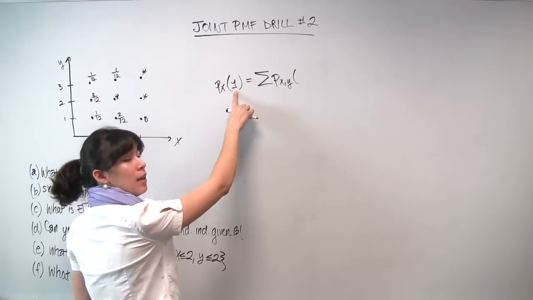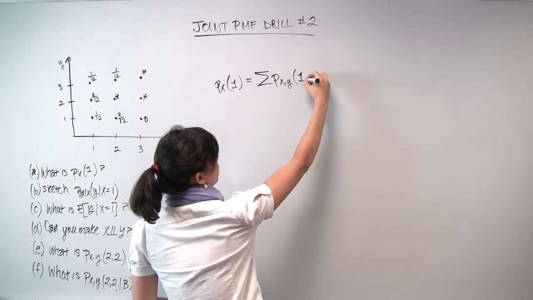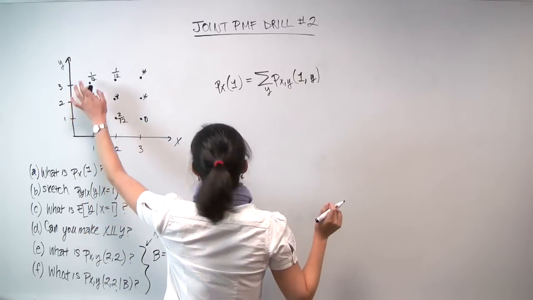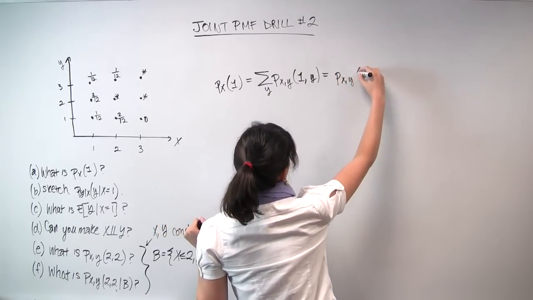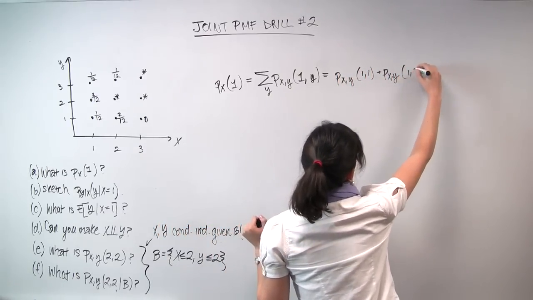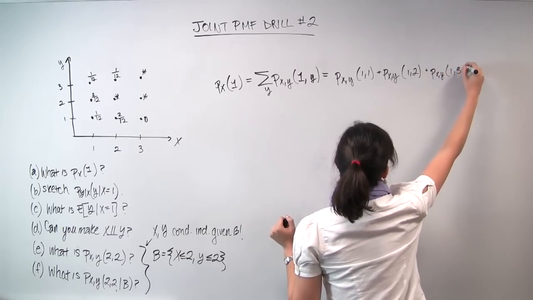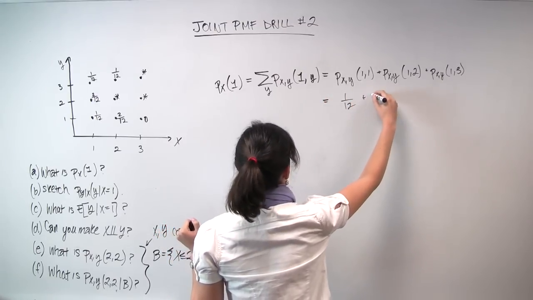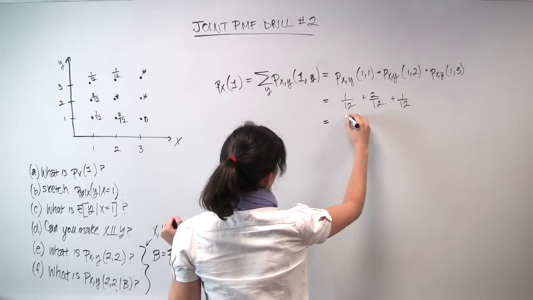Here we are interested in the probability that X is 1, so I'm just going to freeze the value of 1 here, and we sum over Y, in particular 1, 2, and 3. Carrying this out, this is p_XY(1,1) plus p_XY(1,2) plus p_XY(1,3). And this, reading from the graph, is 1/12 plus 2/12 plus 1/12, which is equal to 4/12, or 1/3.